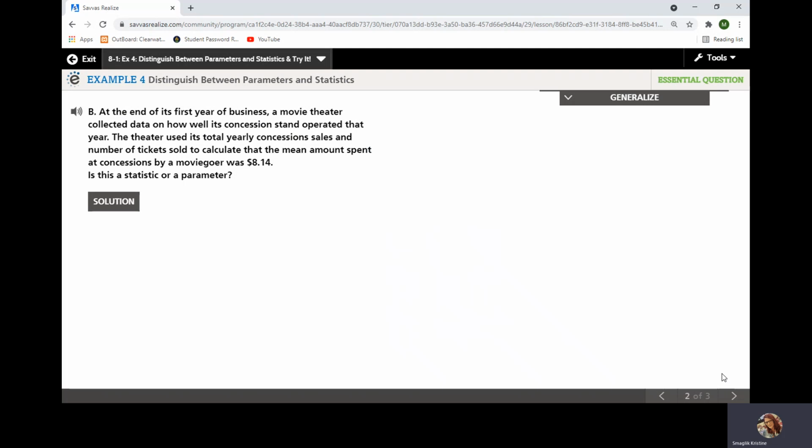Well, our population here is going to be that particular movie theater. So when we're looking at that data that they collected, that data came directly from the population. Therefore, this would represent a parameter.